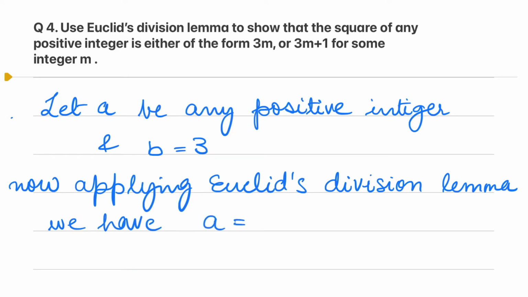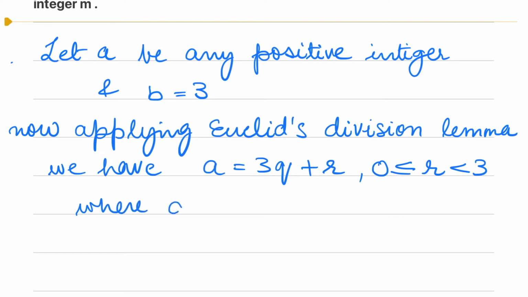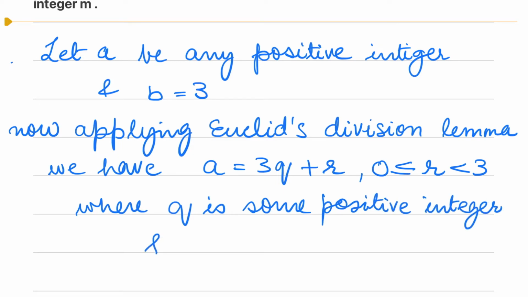a is equal to 3q plus r, where r is greater than or equal to 0 and less than 3, where q is some positive integer and r will be equal to 0, 1 or 2.